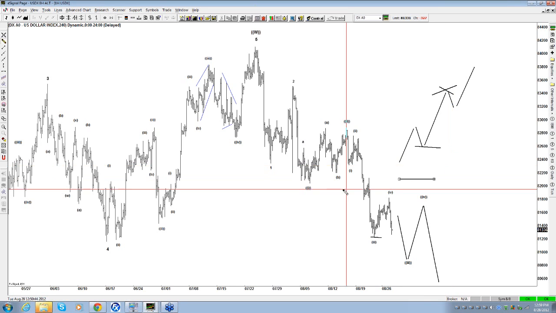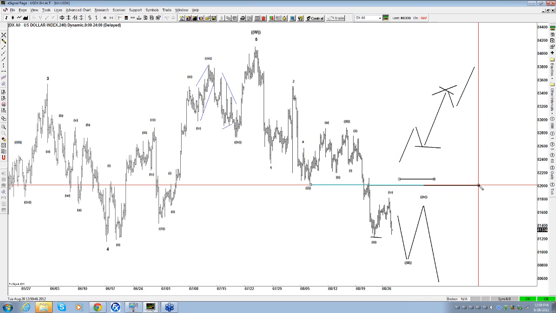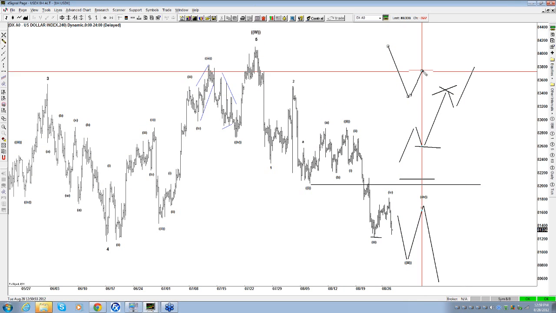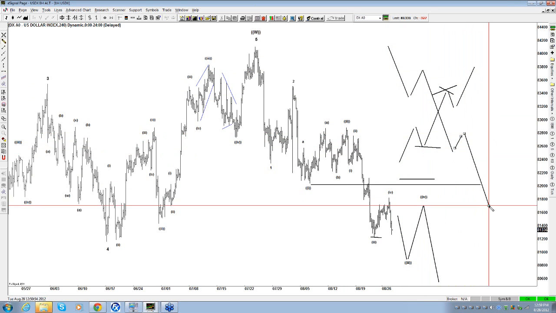Either way, it's very easy. This is the invalidation point to the bearish count and an impulse in a 1, 2, 3, 4, 5.